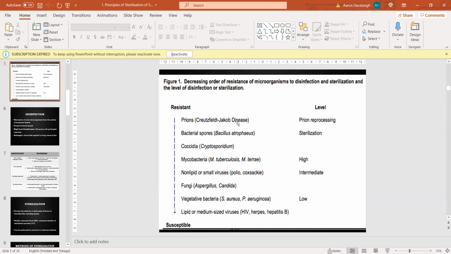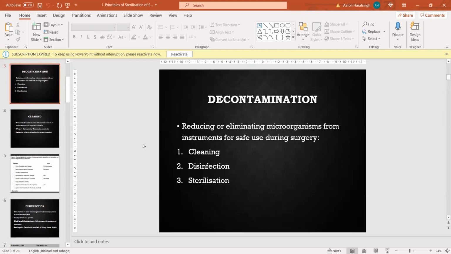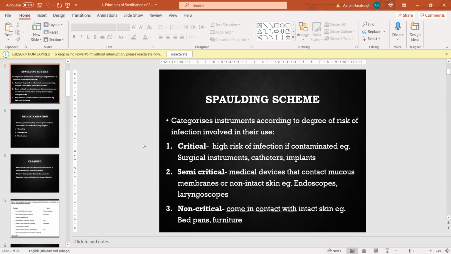And of course, for prions, that requires special prion reprocessing. So sterilization is essentially able to take care of all of the organisms along the spectrum up to and including bacterial spores.